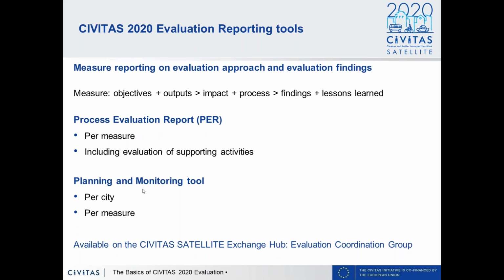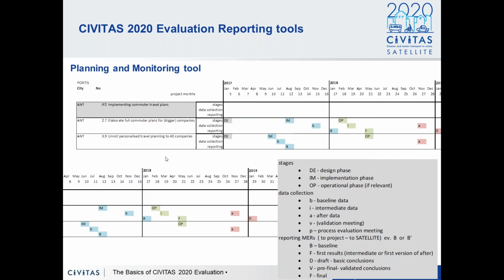And then the last thing, we also developed a planning and monitoring tool. It depends a bit on the complexity of your project whether it's useful to use. But we see that in the current demonstration projects, besides the evaluation people, the project management is also starting to use it. It's a rather simple Excel tool in which we make the link between the implementation itself, the stages of implementation as you see here on the slide, the data collection activities, and the reporting.